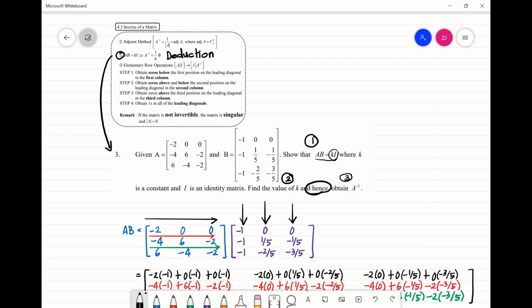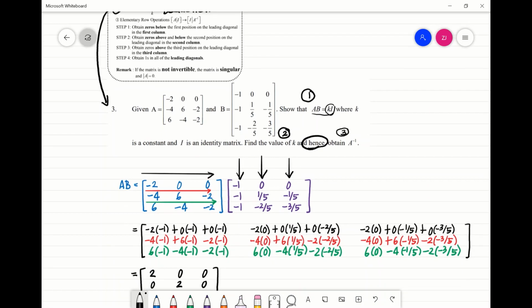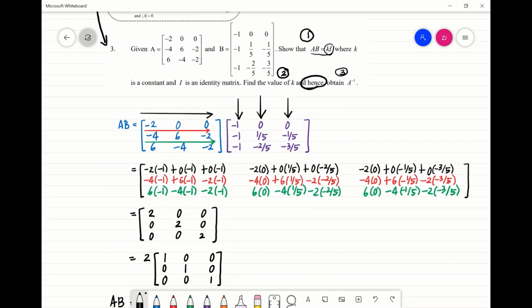So now let's perform the matrix multiplication. If you recall the concept of matrix multiplication, it's always row by column. So row of the first matrix multiplied by column of the second matrix. So we will have all the products here. We need to show each of these.